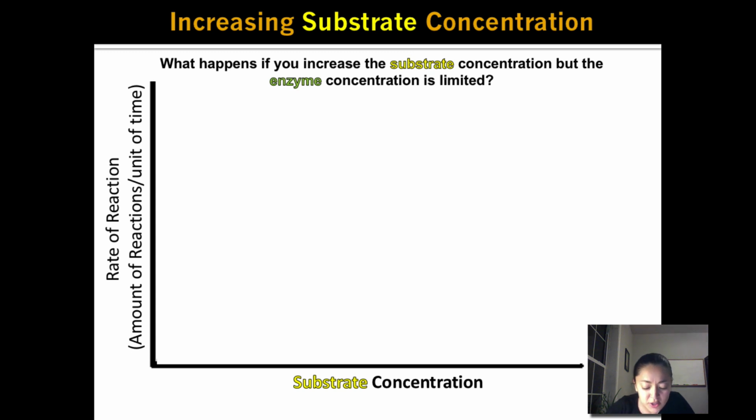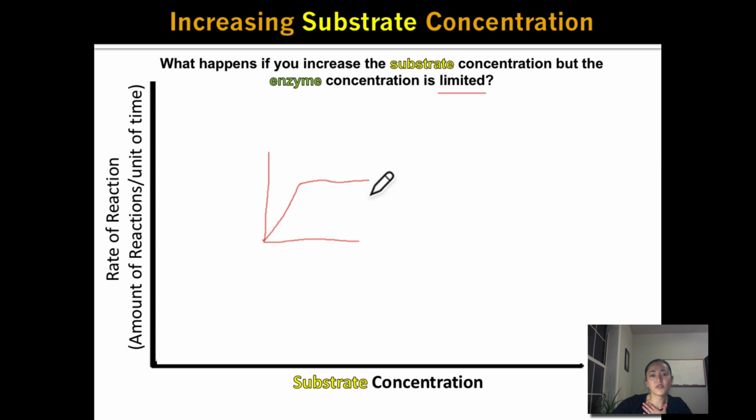Objective 6 says, describe the effects of substrate and enzyme concentration on rates of enzymatic reactions. One thing you want to know is that if we increase the substrate concentration, but the enzyme is limited, then we're going to see a relationship like this.